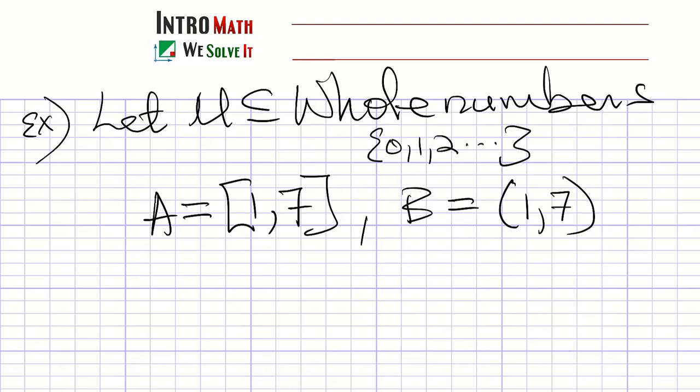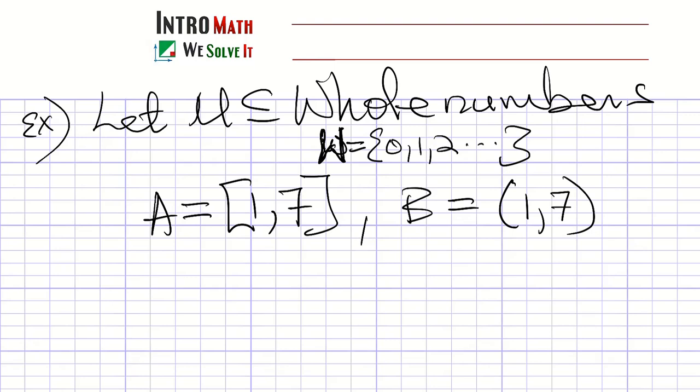All right, this is our last example. I chose that carefully. Notice that the universal set is a subset of the whole numbers. What are the whole numbers? The set of whole numbers is given by W equals 0, 1, 2, to infinity, right?